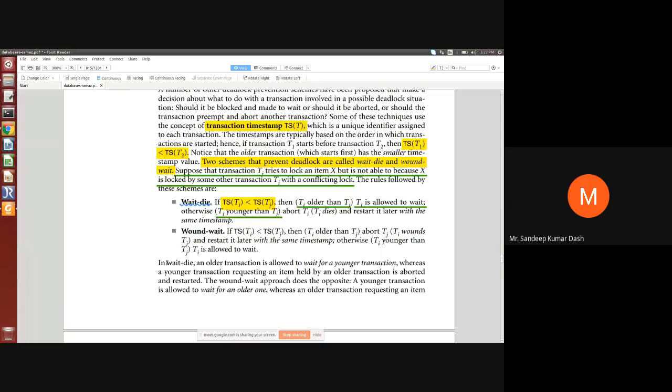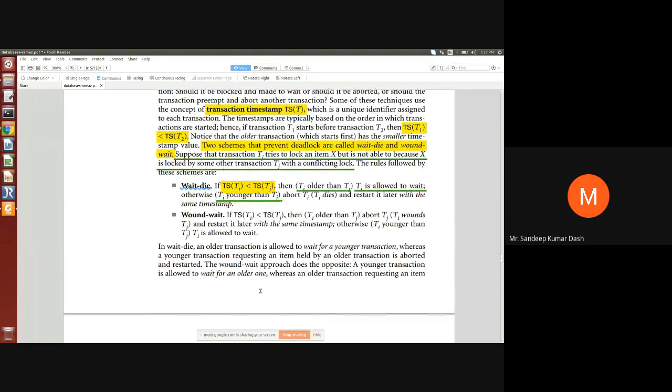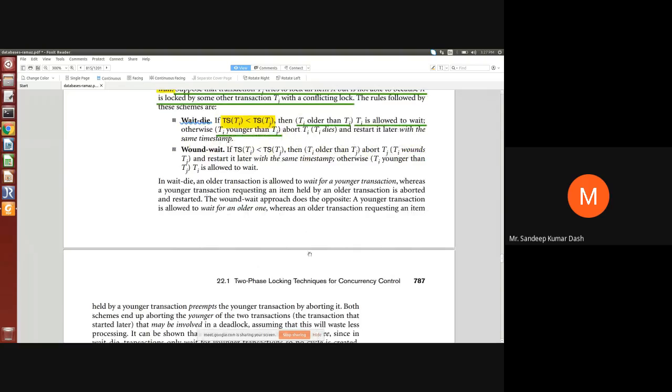See here, in wait-die, an older transaction is allowed to wait for a younger transaction. Until the younger transaction is completed, the older transaction will wait. Then in wound-wait, it is the opposite. A younger transaction is allowed to wait for an older one. But if an older transaction is requesting an item, then the younger transaction will be directly preempted or aborted.